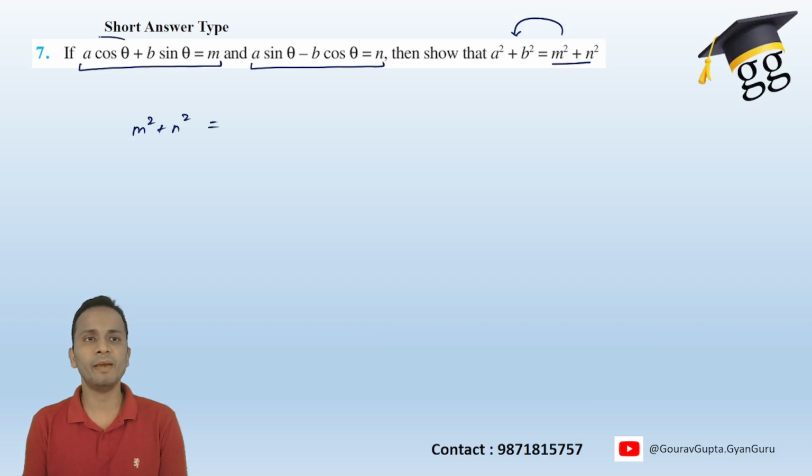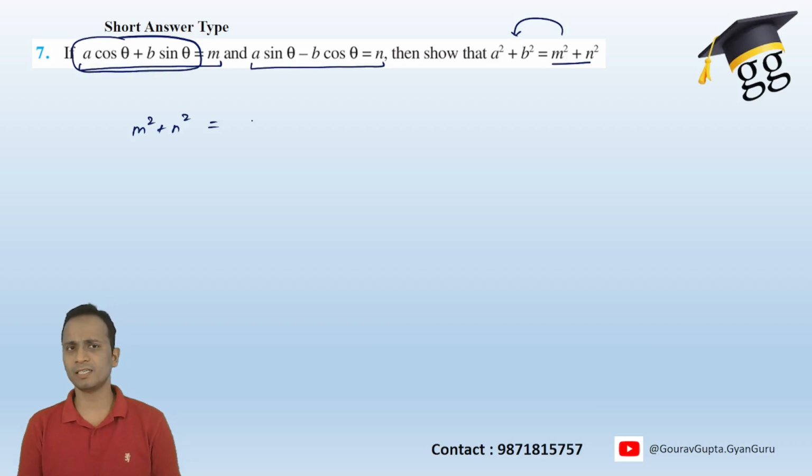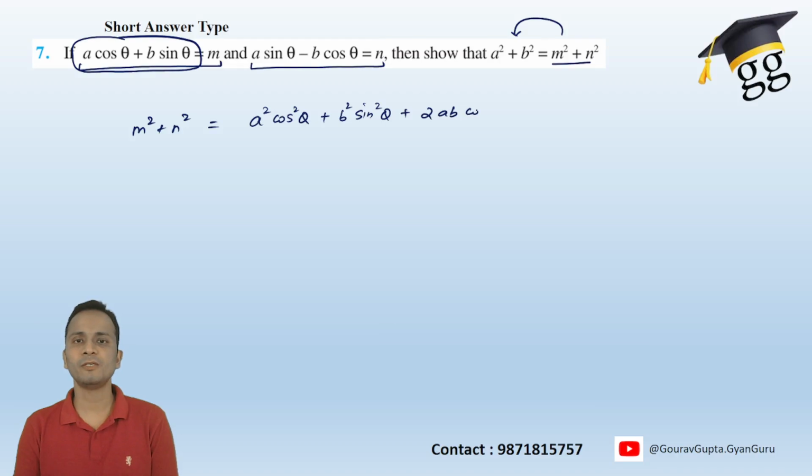So you have m as a cos theta plus b sin theta, let's square it. So apply the formula for (a plus b) whole square. So it will look like a square cos square theta plus b square sin square theta plus 2ab cos theta sin theta. Now this is m square.